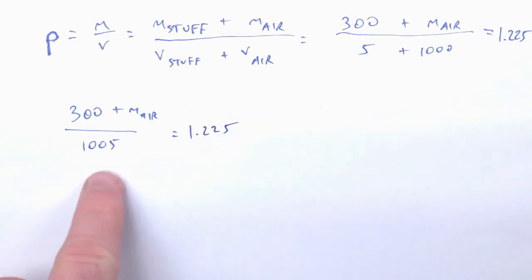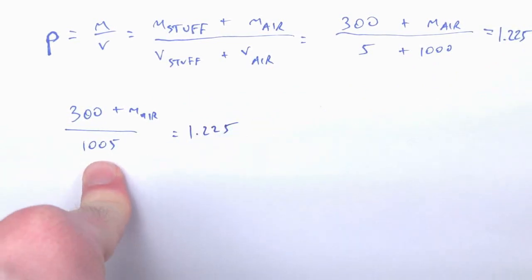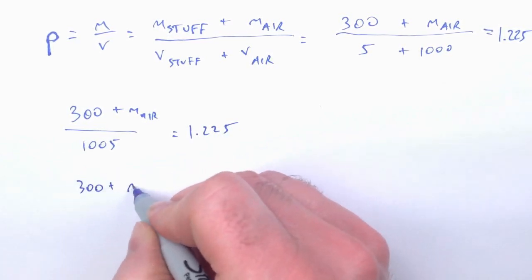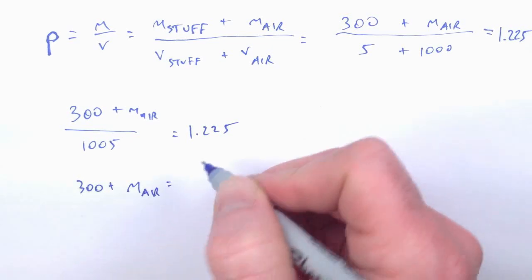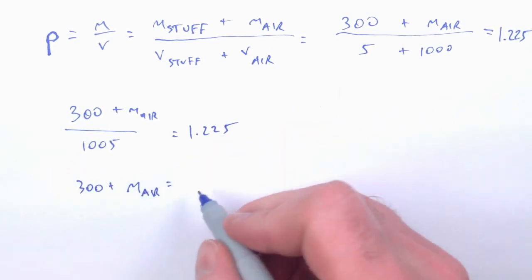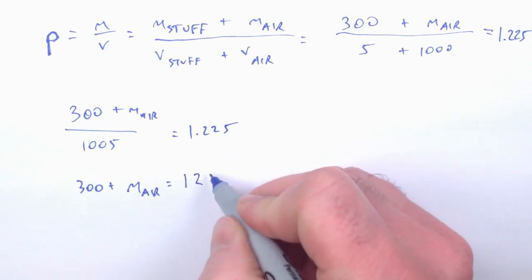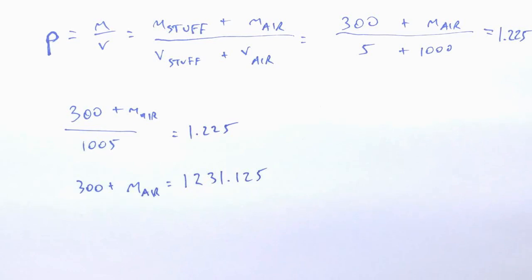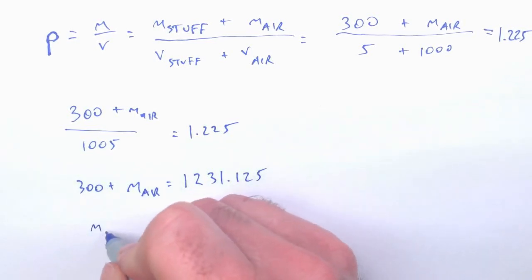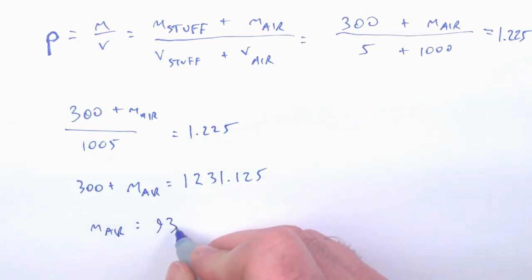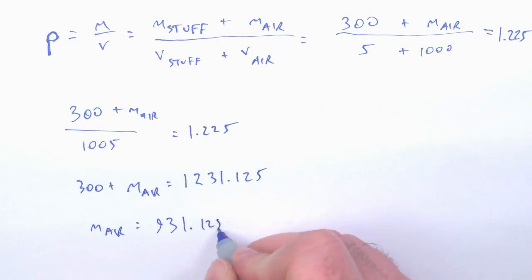So obviously we're going to want to multiply both sides by 1005, and that means we're going to end up with 300 plus the mass of the air equals 1005 times 1.225, which is equal to 1231.125. And now we just need to subtract 300. So the mass of that air is going to be 931.125.